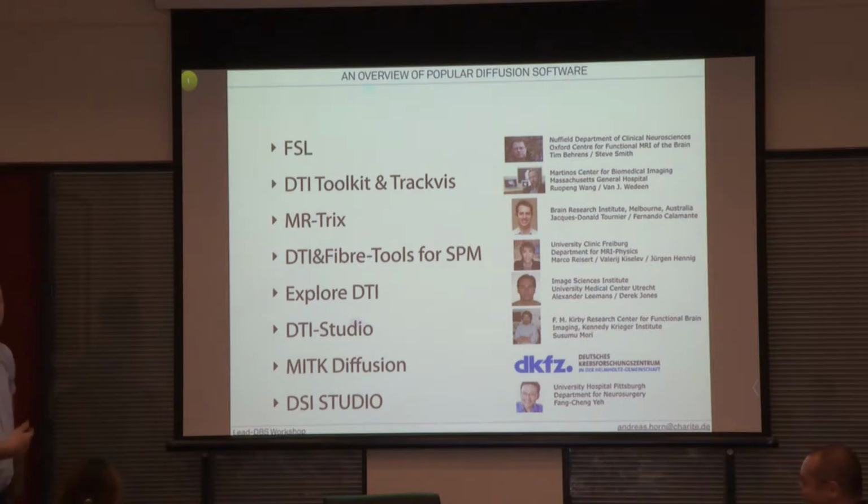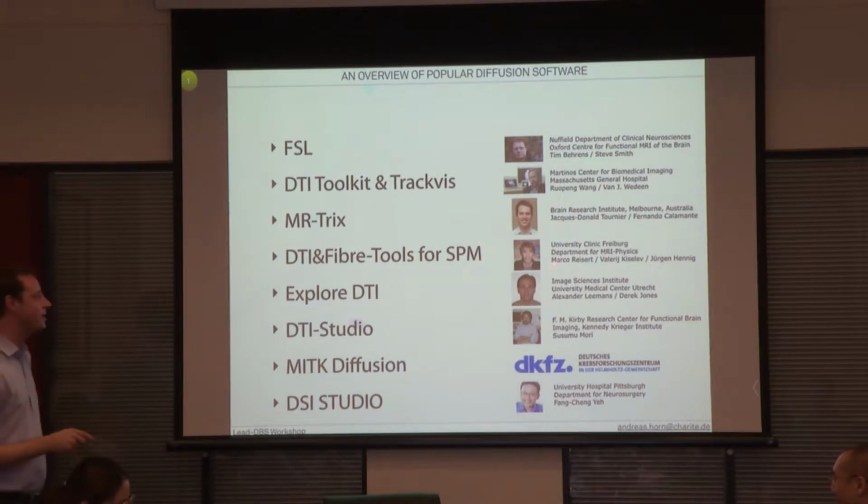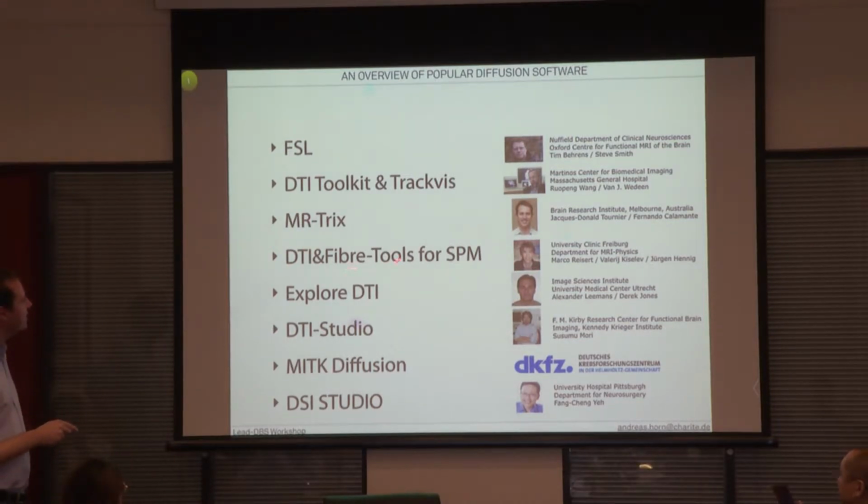No, I mean a lot of people use it. And inside the methods people, it's very known. So I think at the MICCAI and the methods meetings, everybody knows the tractography tools out of it. So they actually included the Gibbs tracking algorithm also into MRtrix now, so it's slowly becoming more popular.